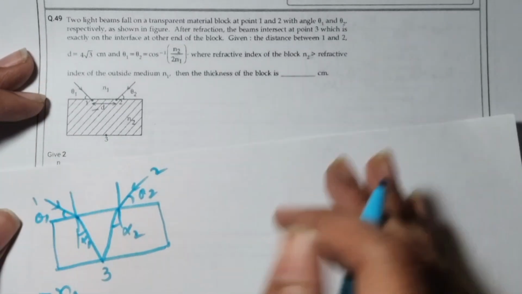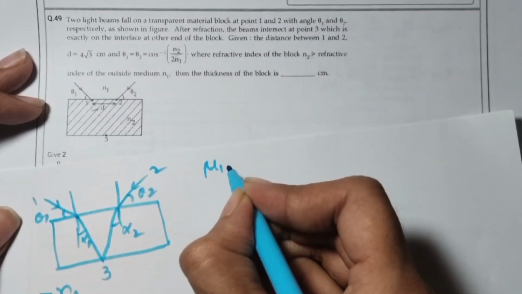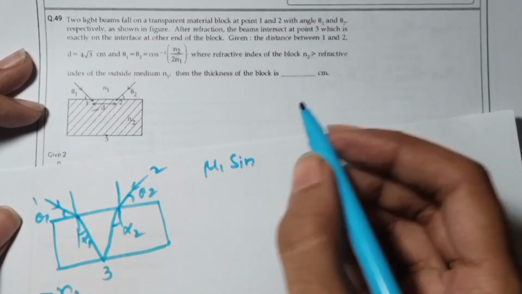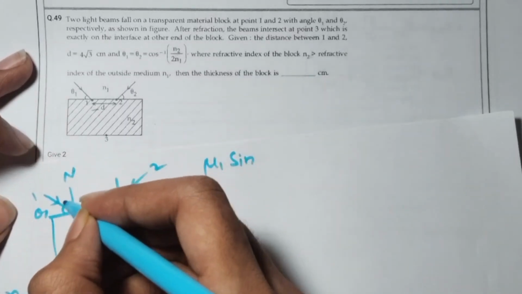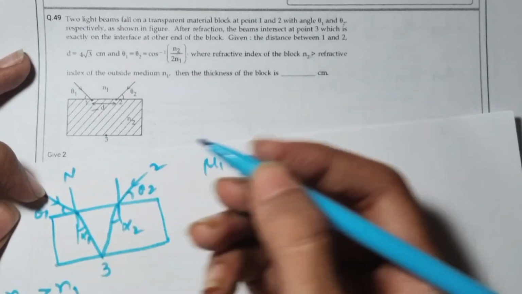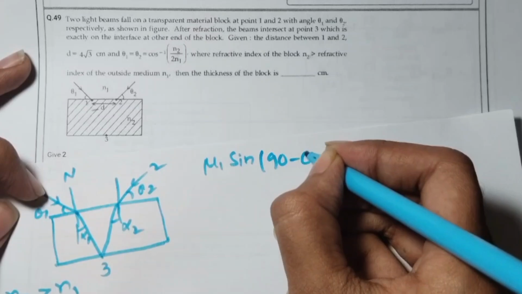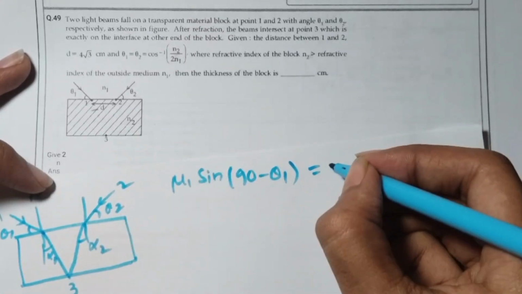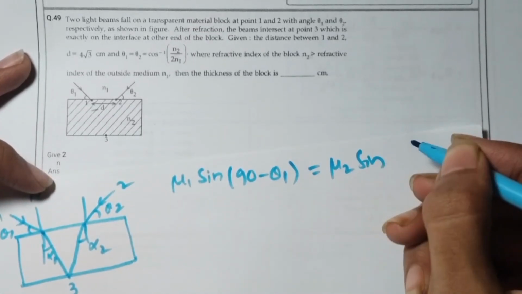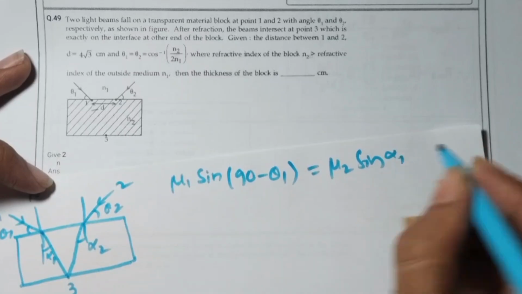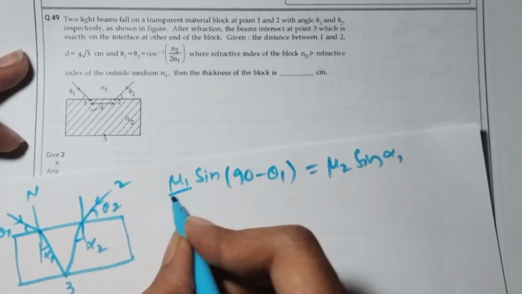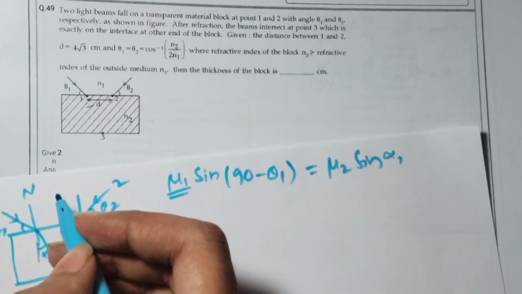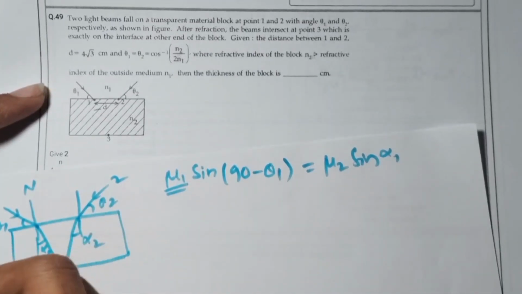So from Snell's law we knew mu1 sine theta 1. See, this theta 1 in Snell's law is with respect to the normal. So with respect to the normal it is subtending an angle 90 minus theta 1, equal to mu2 sine alpha 1. I am assuming alpha 1 with respect to the normal only. So mu1 is the initial medium, n1, the outside medium.